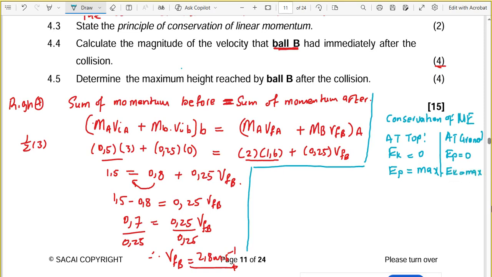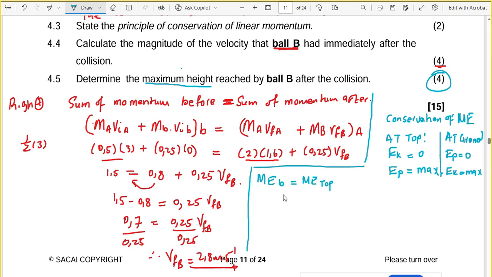So let me explain. Let's answer this question. Determine the maximum height reached by ball B after collision. So this has to do with the conservation of mechanical energy. To answer this, we're going to say the ME at bottom is equal to the ME at top.